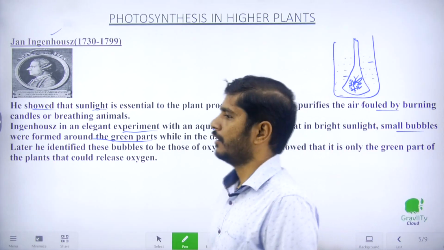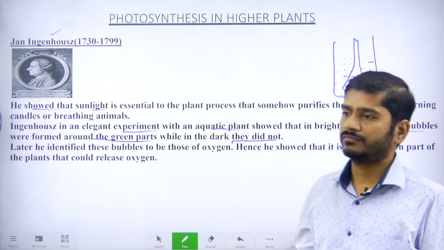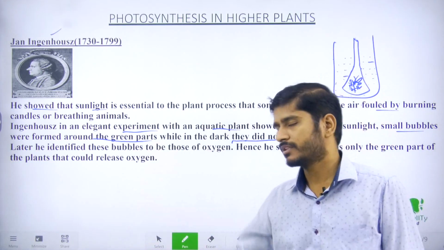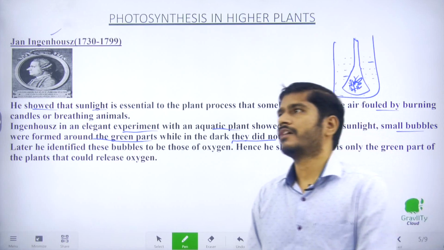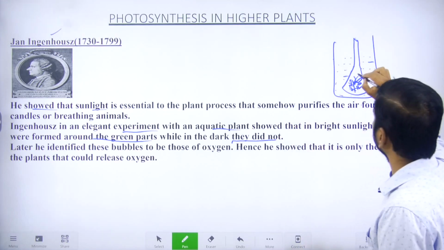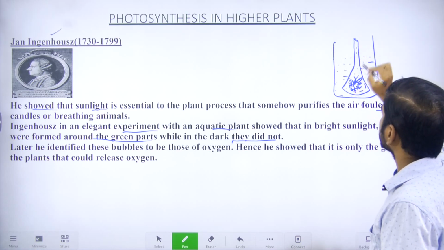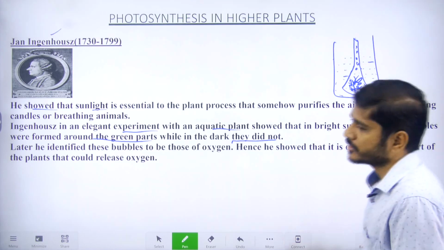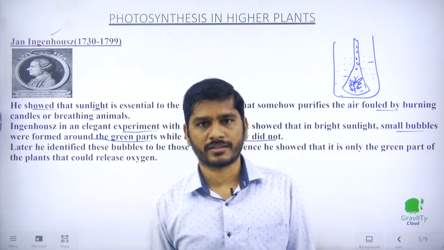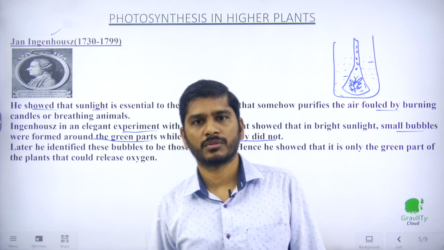And it is placed in sunlight as usual. Why? Because what he wants to prove is about sunlight, so that's why he placed it in sunlight. And after some time what happens? Slowly bubbles are coming. Why? Because water is there. By the photosynthesis process, small bubbles are coming, air bubbles. When air bubbles come out, it means there is some kind of gas, only then will air bubbles come out.